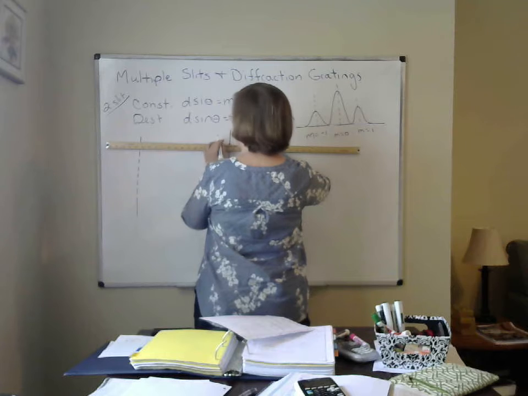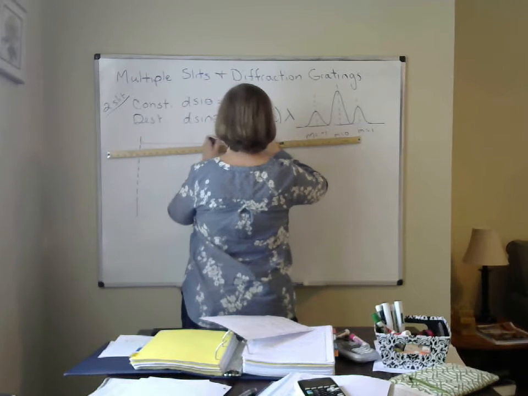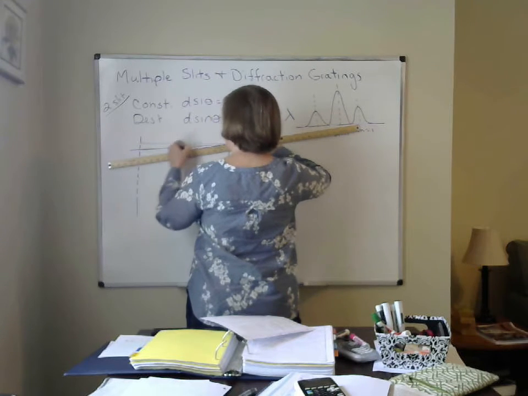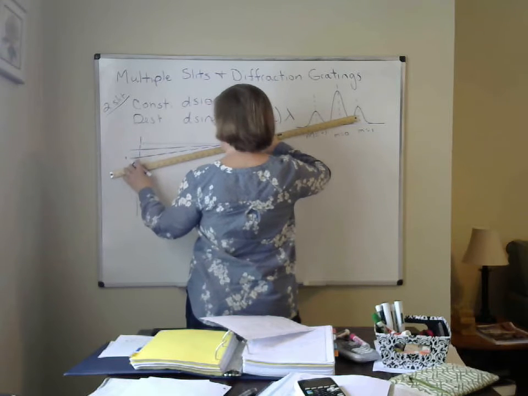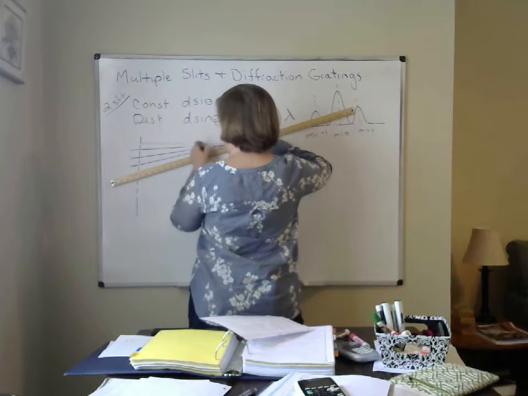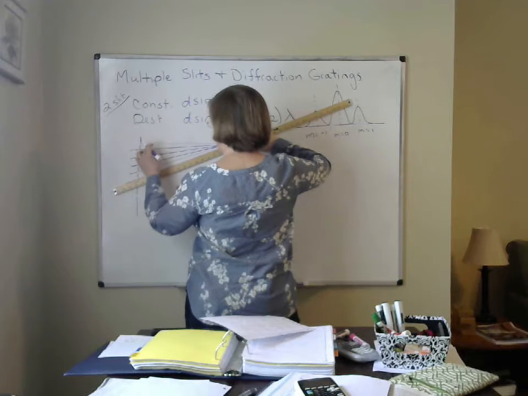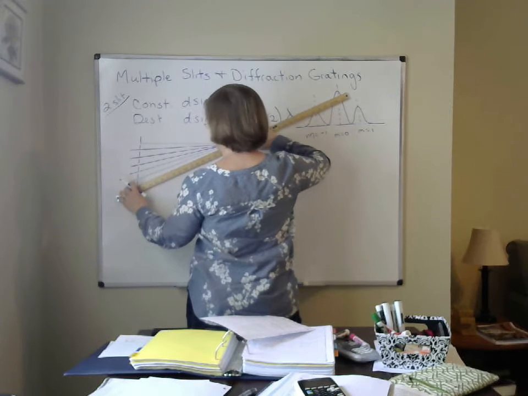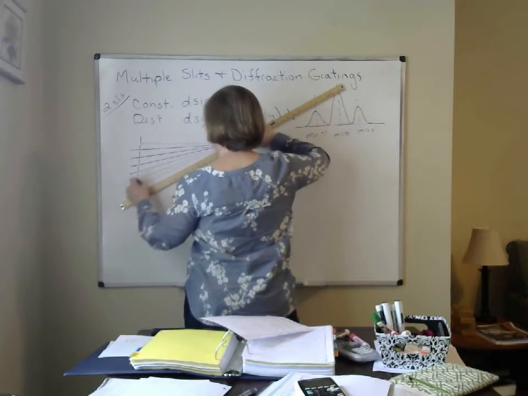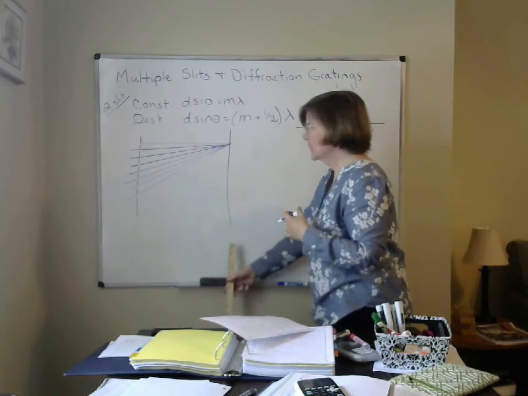Let's suppose that's a place where there's constructive interference. So there's points where all 8 of those slits combine and produce one of our bright spots.